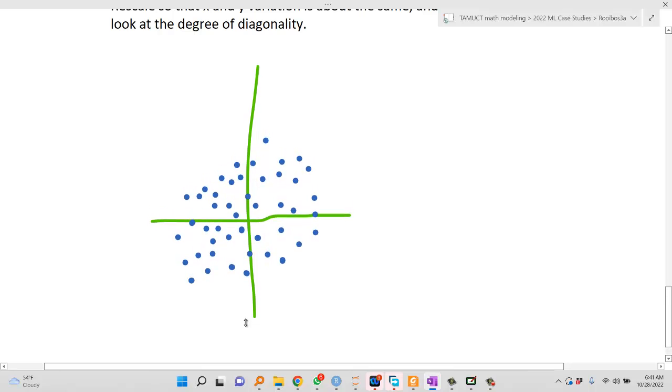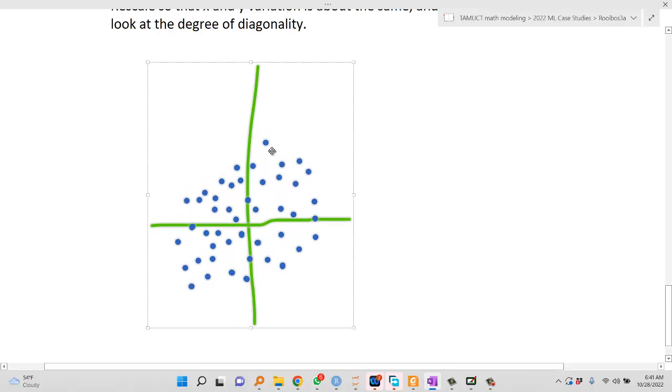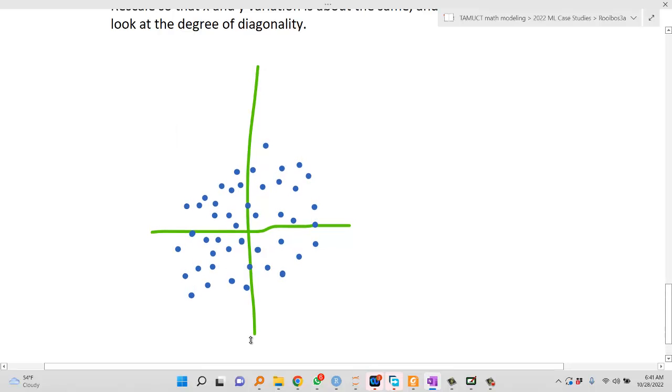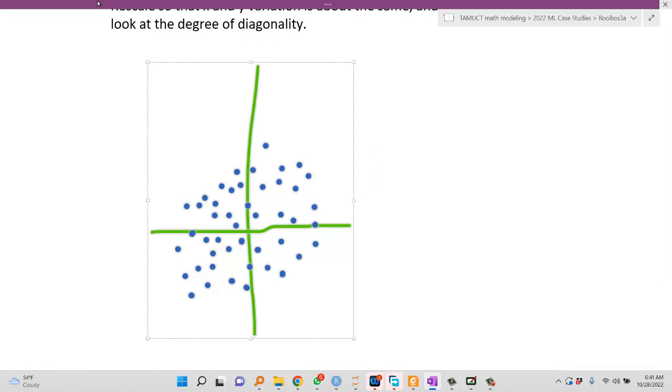So you can see that in this case, from here to here is about the same as from here to here. So there's a little bit of diagonal trend here. You can see that the data is poking out more in the first and third quadrant than it does in the second and fourth quadrant. So there's a little bit of diagonality, but not a lot. So this is weak positive correlation.